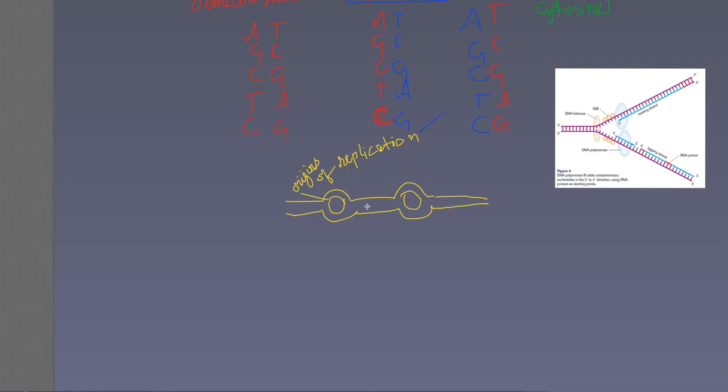You may view these bubbles as going in opposite directions.